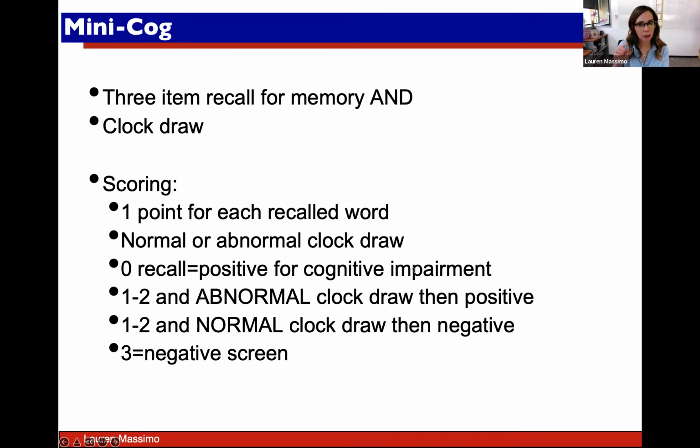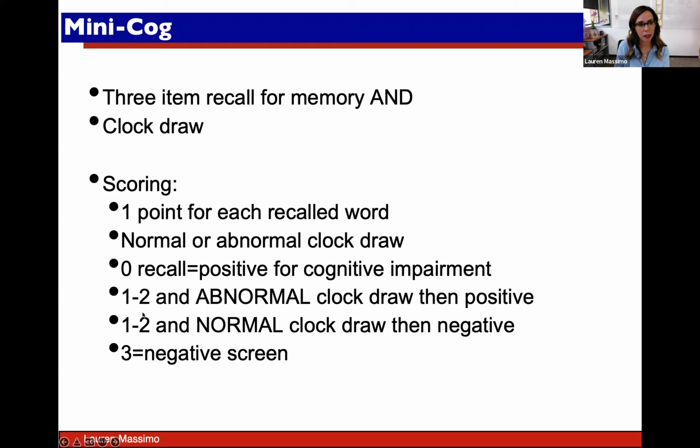The Mini-Cog is another screening tool that can be used. You do a 3-item recall for memory and then also incorporate the clock draw. The scoring for this is 1 point for each recalled word. The clock draw is scored as either normal or abnormal. And then you can see the point system here. So if they can't recall any of those 3 words, then that is considered concerning for cognitive impairment.